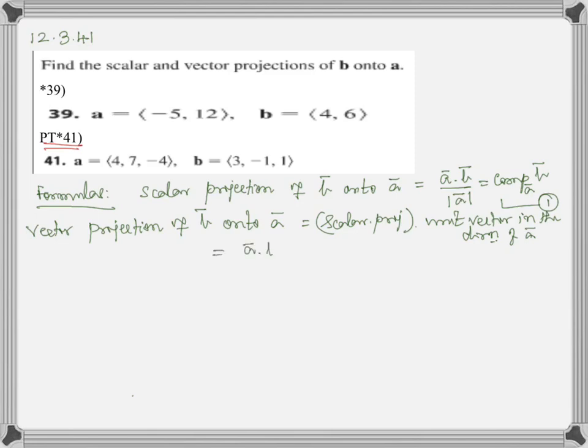So if you write that, it is the scalar projection, which is A dot B over the length of A, multiplied by the unit vector in the direction of A, which is vector A over the length of A.